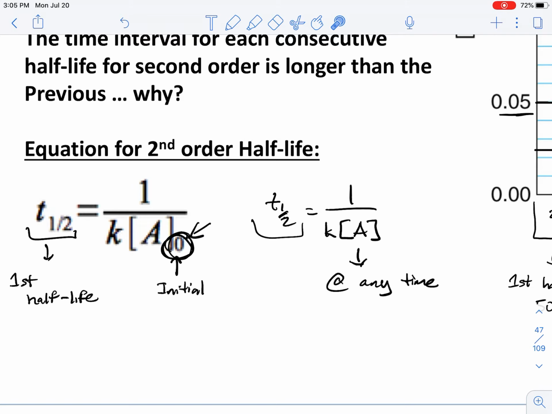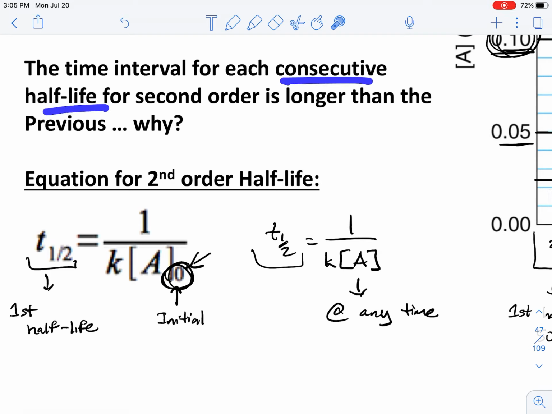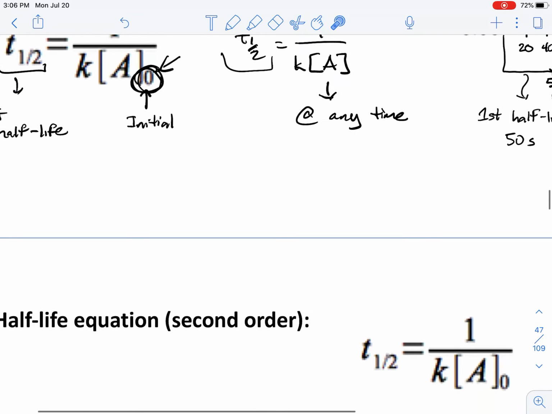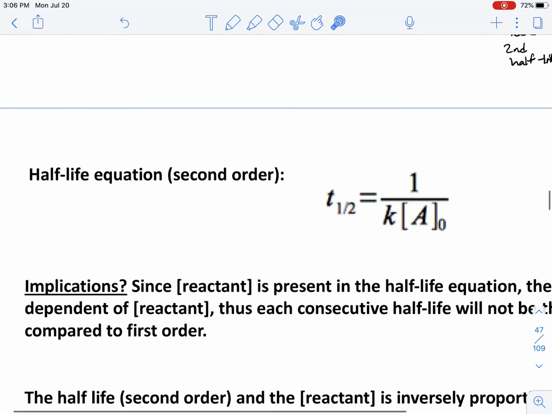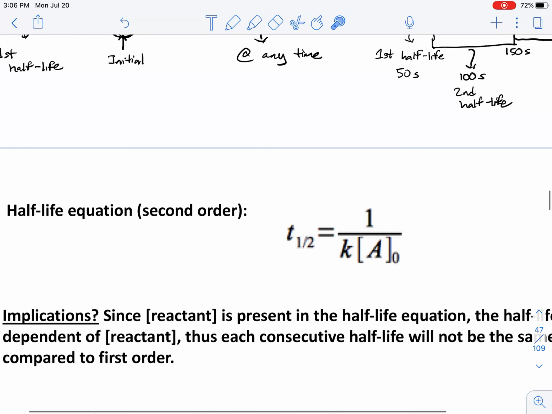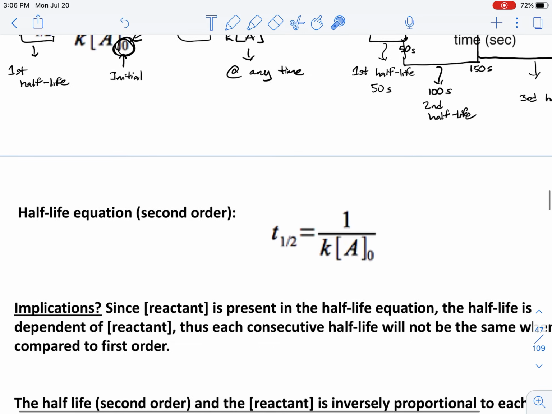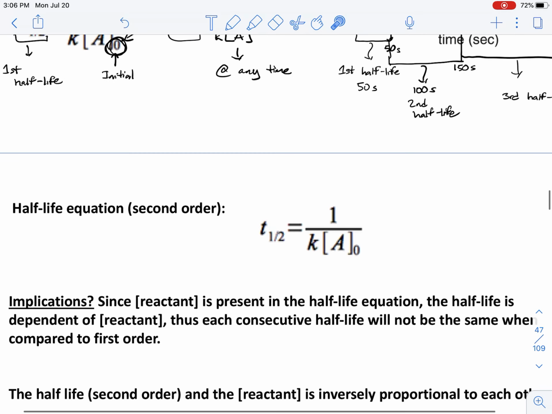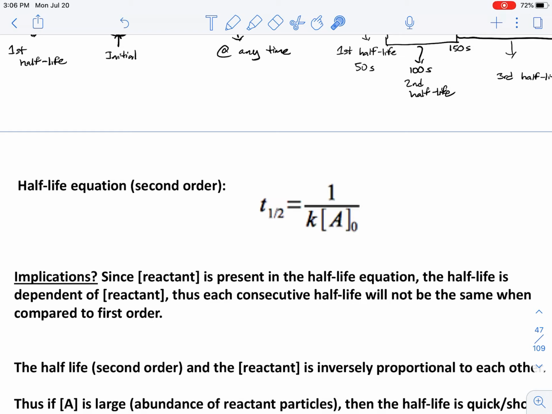So the reason why the consecutive half-life for second order is much longer than the previous is because the concentration of reactant is present in the equation for half-life. And so basically, since the concentration of the reactant is present in the half-life equation, that's telling us that the half-life, the time it takes for the concentration to reach half of its initial original value, is concentration dependent.